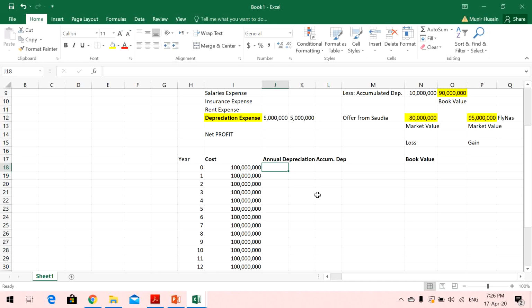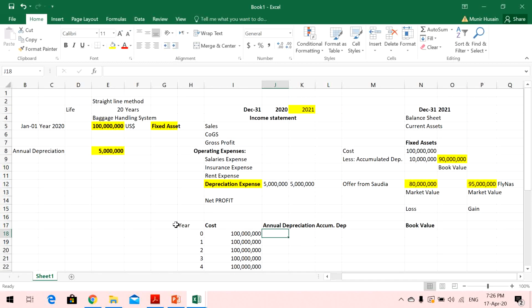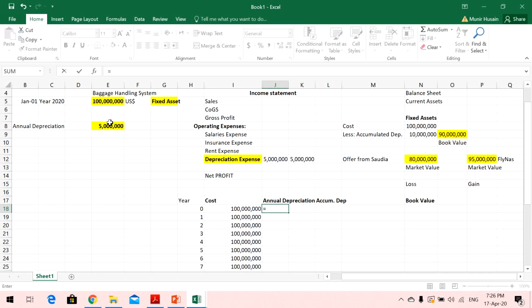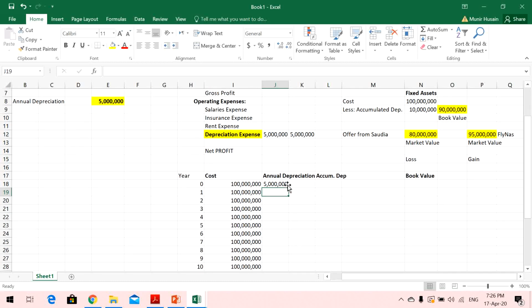We already calculated, it is this one. Okay, I'll explain. For year 0, which means right now, just now we purchased, so there is no depreciation in year 0. The total depreciation is also 0, nothing. So what is the book value of this asset as of today? It is the same amount.